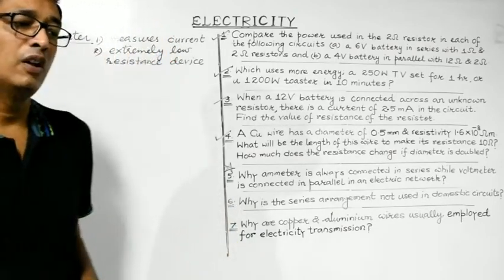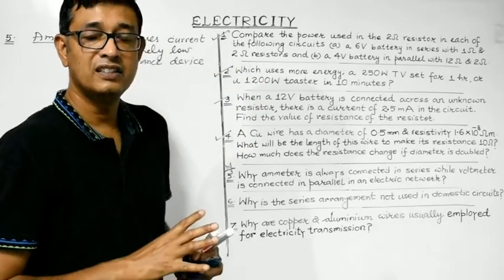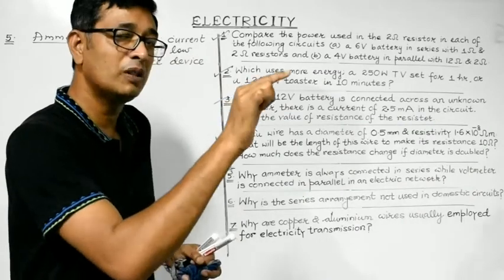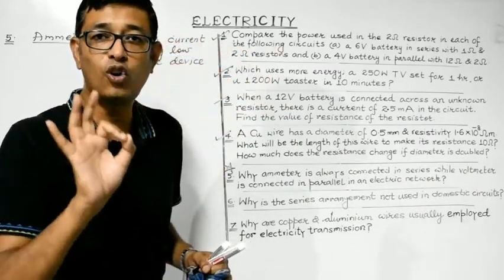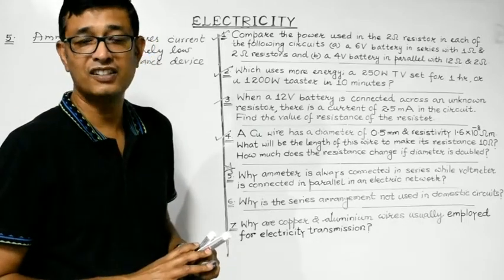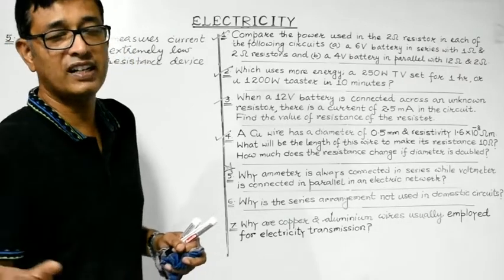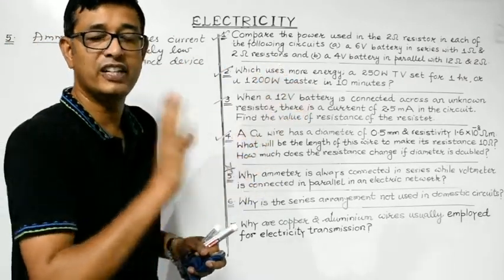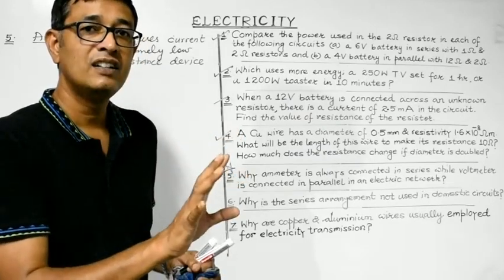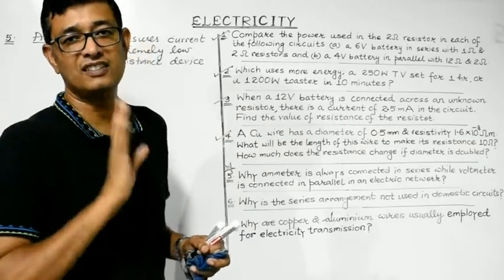Now students, whenever some measuring device is to be connected in a circuit, then on introducing that circuit element, the current flowing through the main circuit shouldn't get altered. Isn't it? So whether you are connecting a voltmeter or an ammeter in an electrical network, it should be connected in such a manner that the main current remains constant.